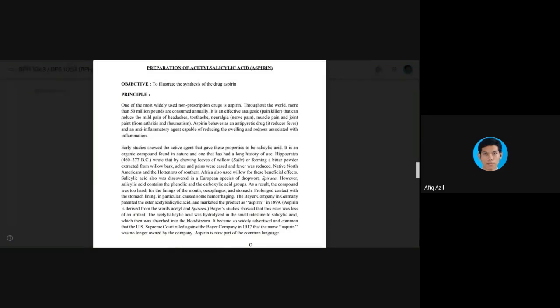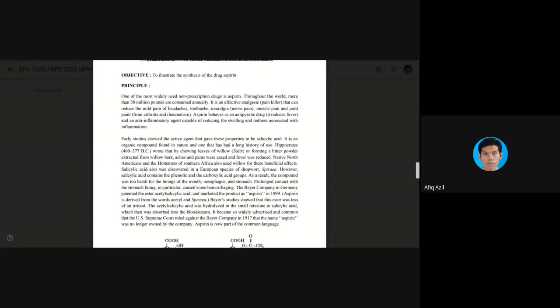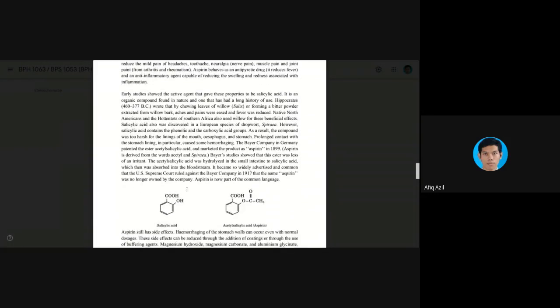So the original structure of aspirin comes from salicylic acid. Salicylic acid is an example of a carboxylic acid, which is this structure over here on the left.